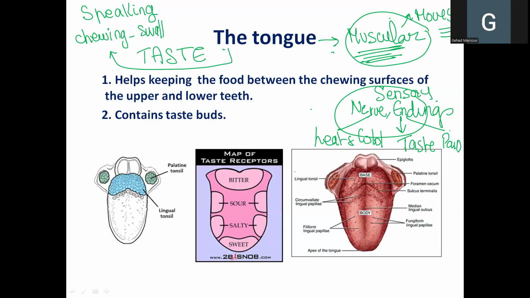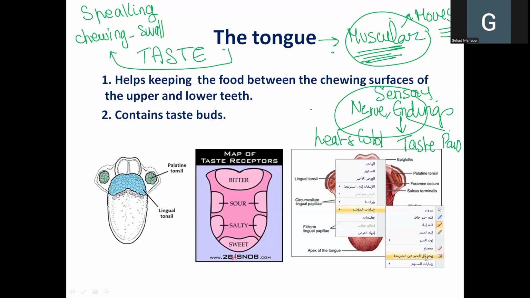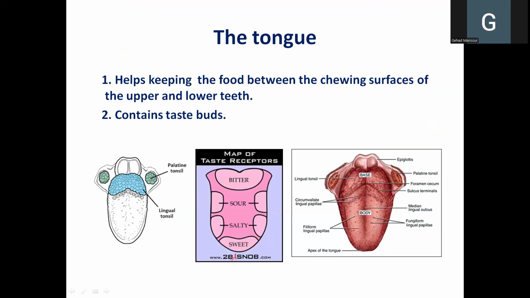These sensory nerve endings are responsible for the main tastes that we can feel by the tongue. The bitter taste is at the posterior most part of the tongue. So if you swallow a bitter medication or a pill that has a bitter taste, then you will mostly feel the bitter taste at the back of the tongue.